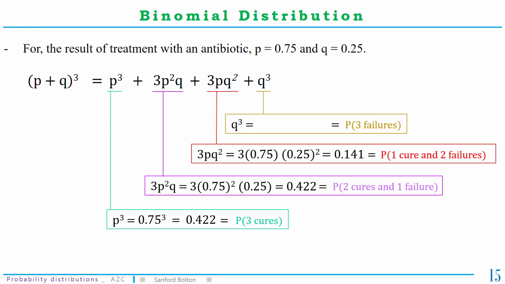Q cubed is actually the probability of 3 failures, meaning the probability of 0 cures. Now, identify the probability of 3 failures. The probability of 3 failures is 0.016.